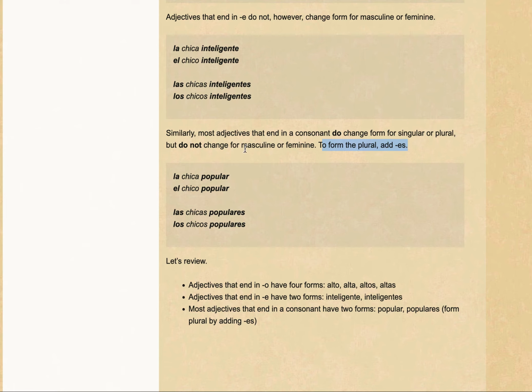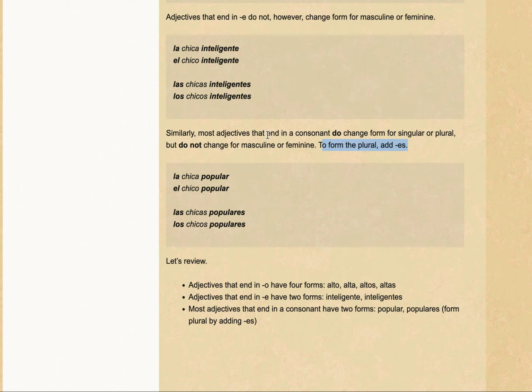Right. So this is the takeaway for today: adjectives that end in a consonant obviously change form for singular or plural, but the thing to note here is, and again, it's similar to adjectives that end in e in terms of what changes and what doesn't change, right?